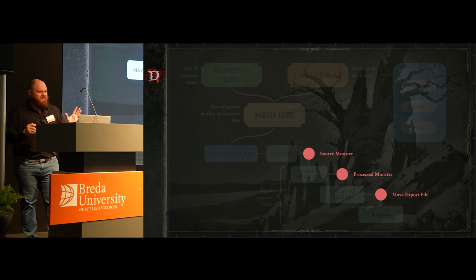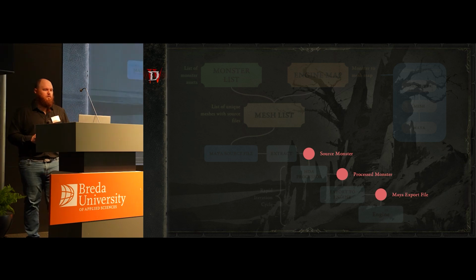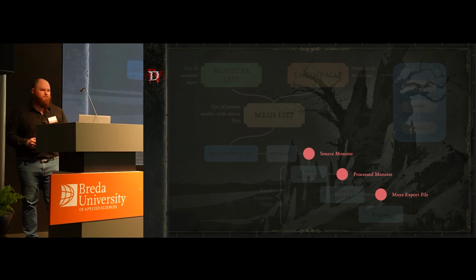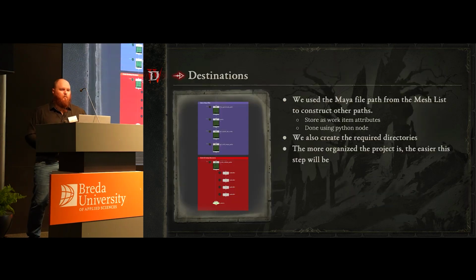But before we go further, it's important to plan where our generated files are going to live. So these are transitional files. These ones here. So we have our source monster, which is coming out of Maya, our process monster, which is the result of our HDA, and then we need this Maya file for export into the engine. So let's generate these. We use the Maya file path from the engine and the mesh list to construct other paths.